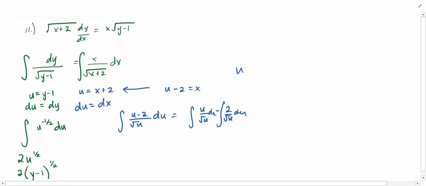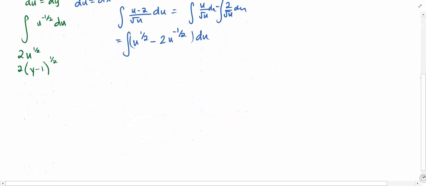Now u to the 1 over u to the 1/2 is the same as u to the 1/2. So now this left side has become u to the positive 1/2 minus the right side is 2u to the negative 1/2, right? Because our radical is in the bottom. And again, all with respect to u. So du is going to be what we have there.